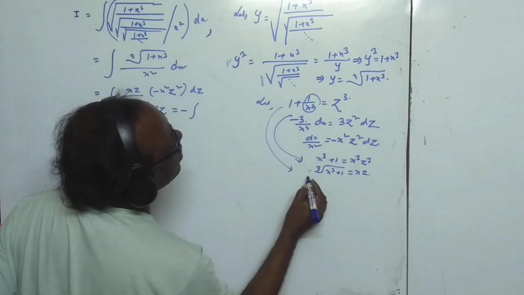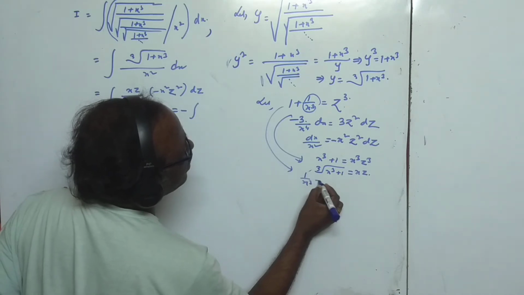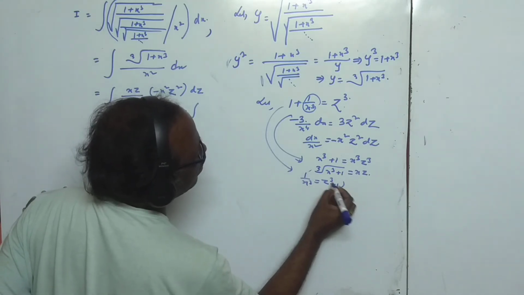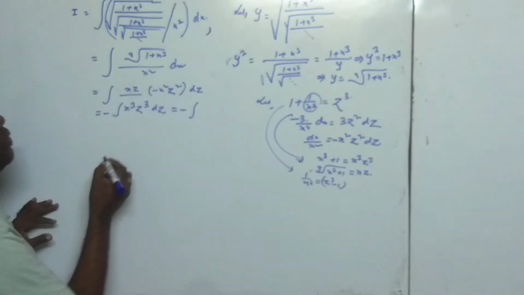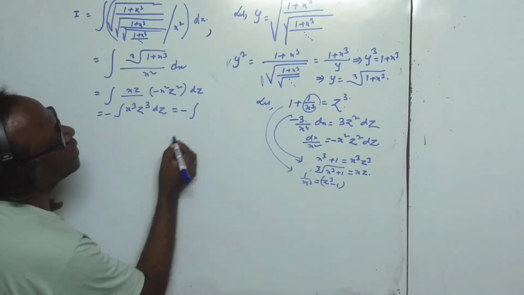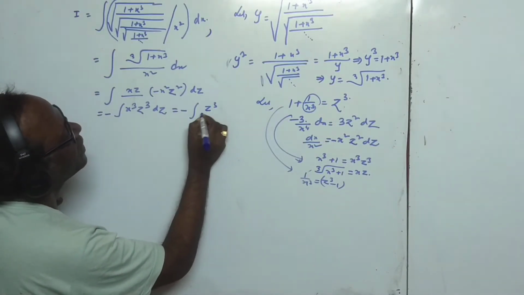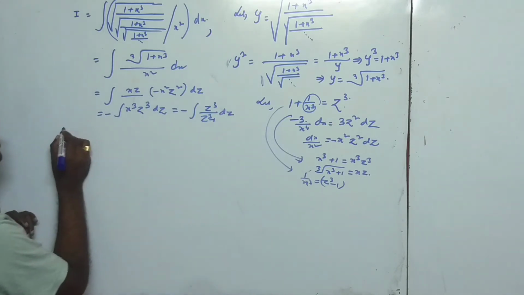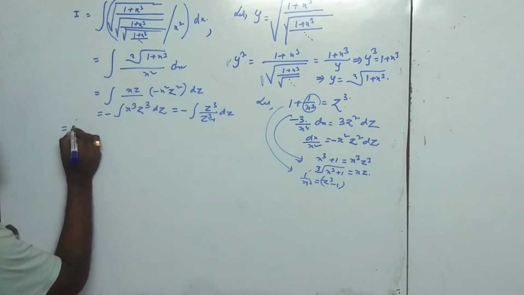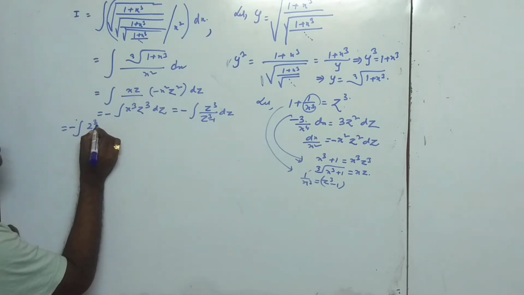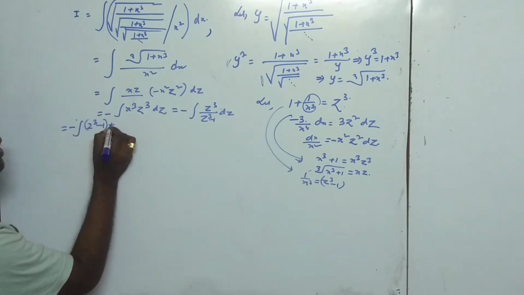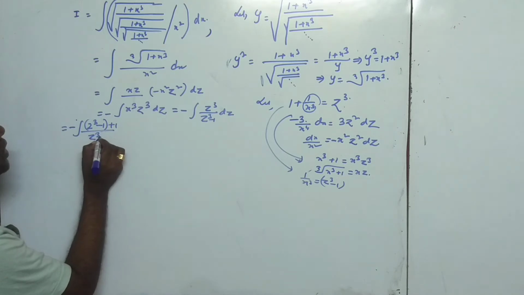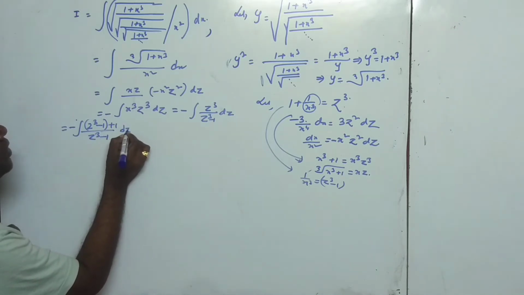So again simplify: 1 by x cube is equal to z cube minus 1. So x cube is equal to 1 by z cube minus 1. So that is z cube by z cube minus 1 dz. And that can be expressed as minus of z cube minus 1 plus 1 by z cube minus 1 dz.